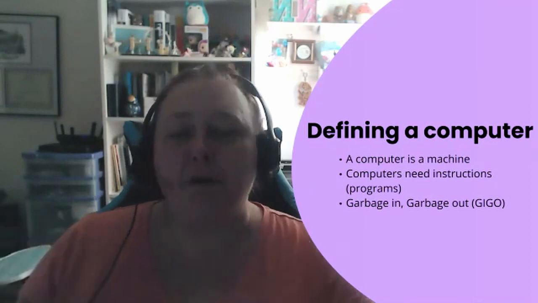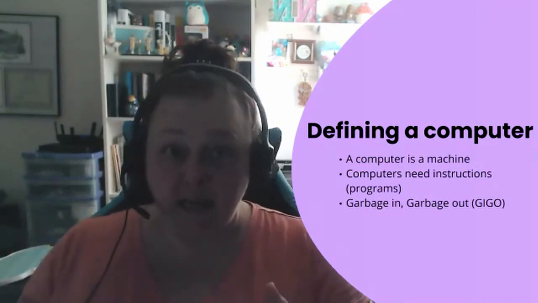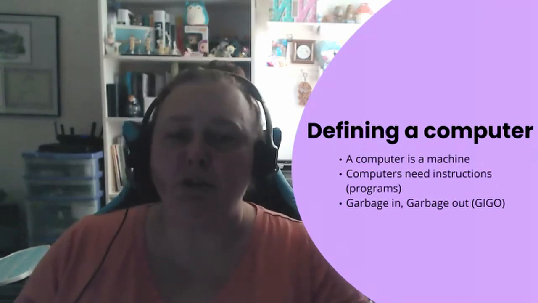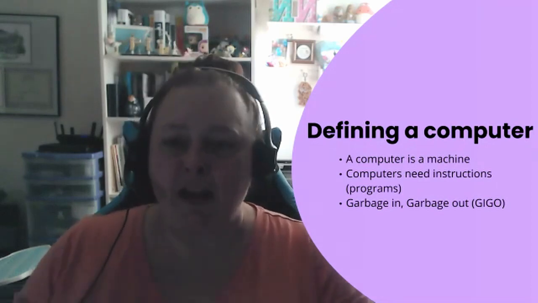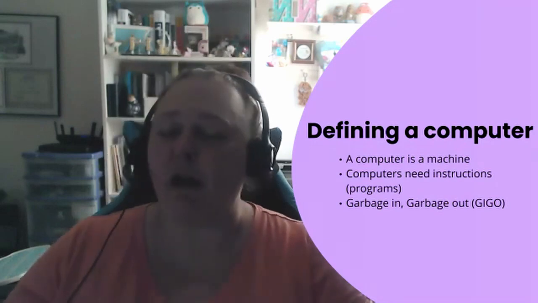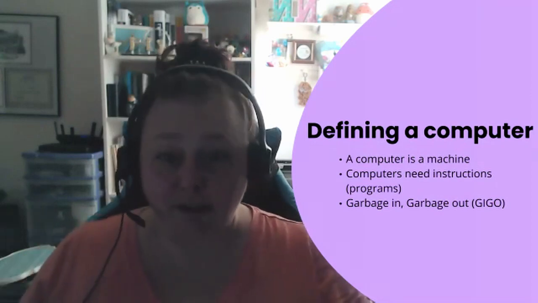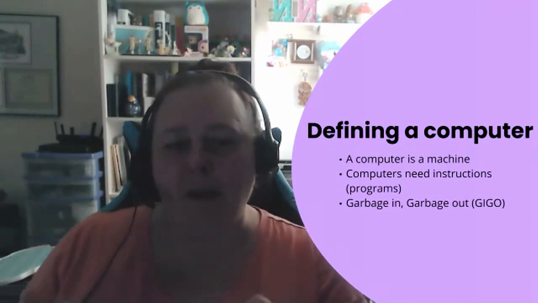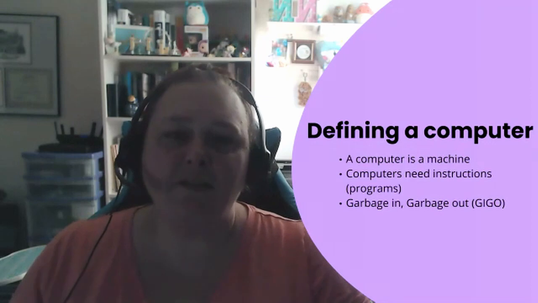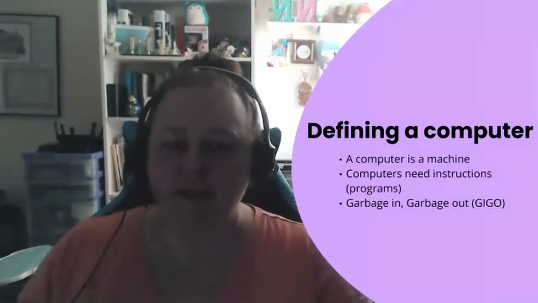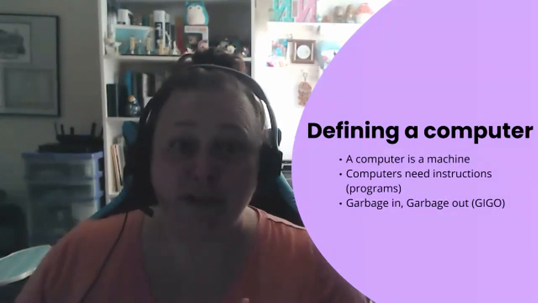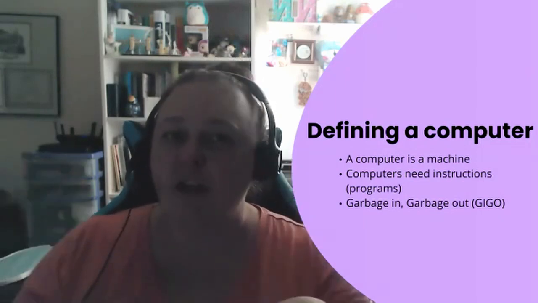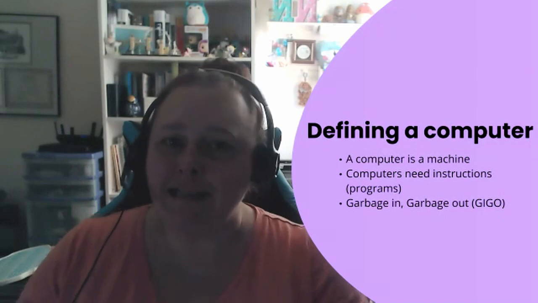Computers cannot think for themselves. They need instructions. In order to give them instructions, you give it a computer program. These programs can be in various different languages, and they can be at different levels, and we'll talk about that in a little bit. The biggest thing that we have to understand with computers is, I love this phrase, garbage in, garbage out. Your computer is not going to be smart enough to know that the data it has is not useful.